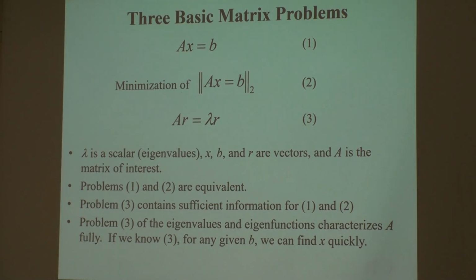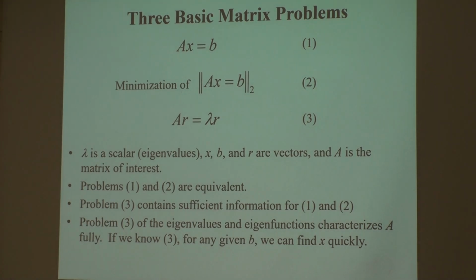There's a class of problem called the eigenvalue problem. I just want to mention the eigenvalue problem provides sufficient information for this. Meaning, if I know the eigenvalues with all the corresponding eigenvectors, then you have done everything about this matrix.